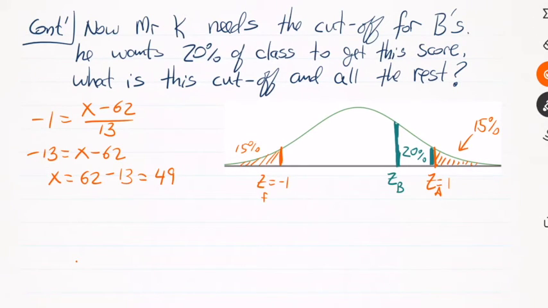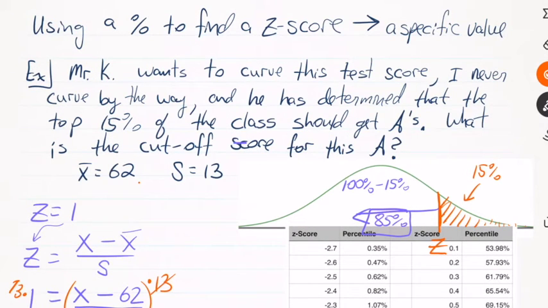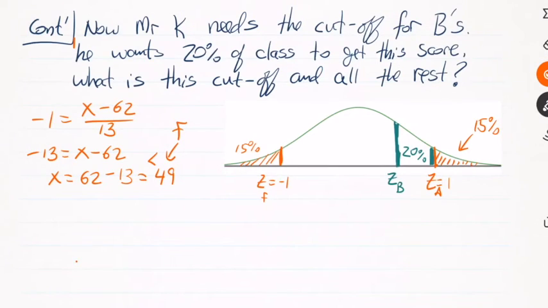So anybody that scores less than a 49 on this test will get an F on the test. All right, so that gives me two of the cutoff scores, a 49 for an F and a 75 for an A. So let me remind myself that this was a 75.